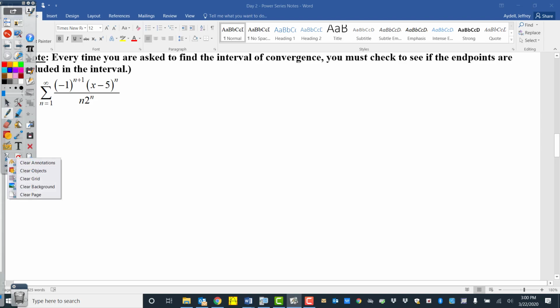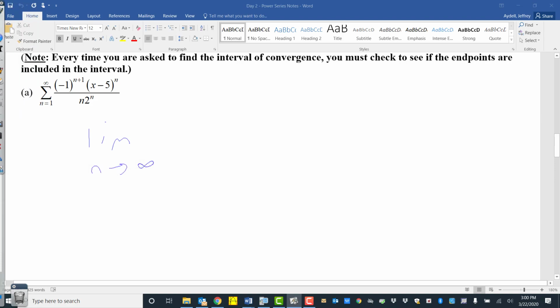Okay, so let's rewrite this. We have the limit as n approaches infinity, the absolute value of -1 times x minus 5 times n over n plus 1 times 2.